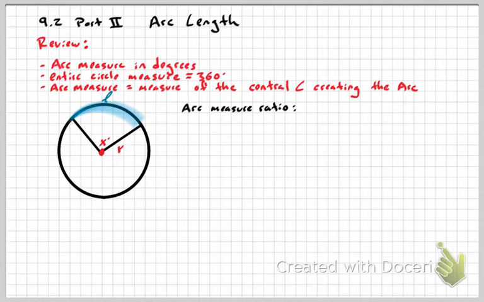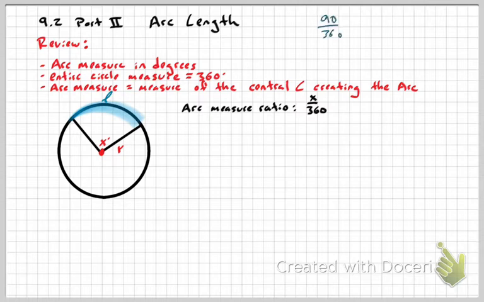like ratios or percentages. So if we think of an entire circle, right, and we think that the entire thing around is 360, if we wanted to find the percentage of the arc that's covering the entire circle, we would take the arc measure and divide it by 360. So let's say we had like a 90-degree arc. We would do 90 divided by 360.